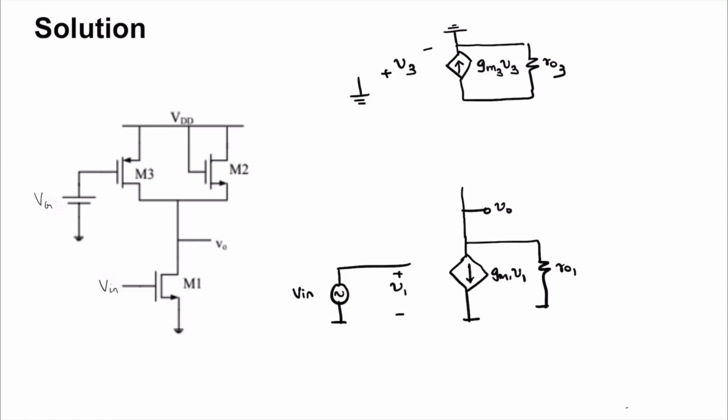Now finally, for the transistor M2, we will get that the gate to source voltage is as so, which I will call V2.